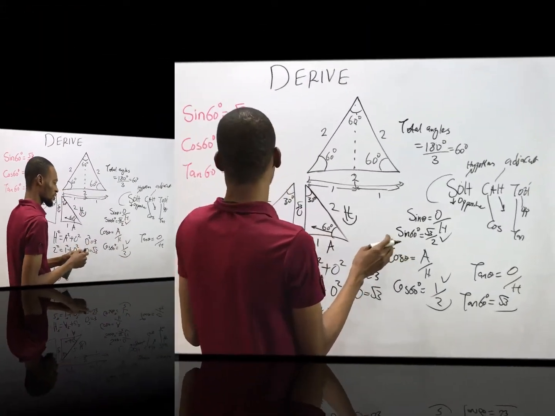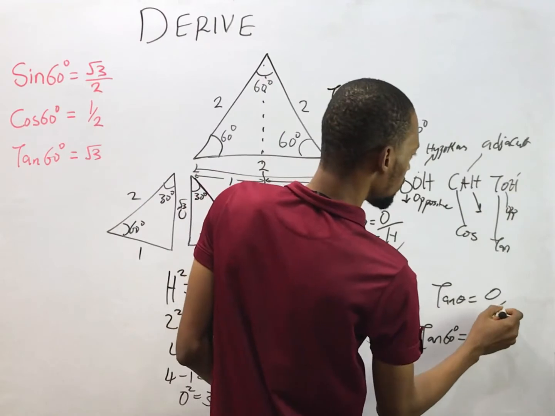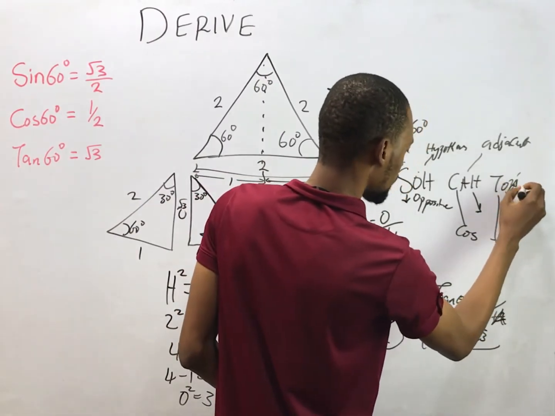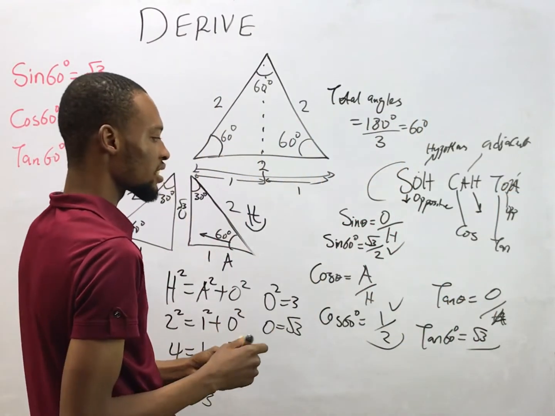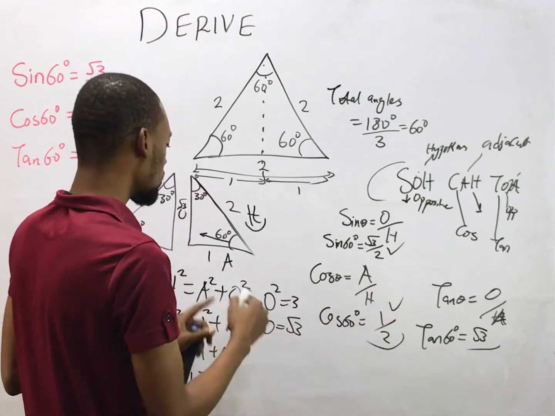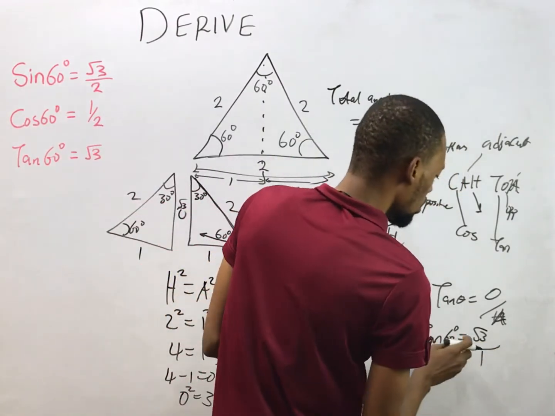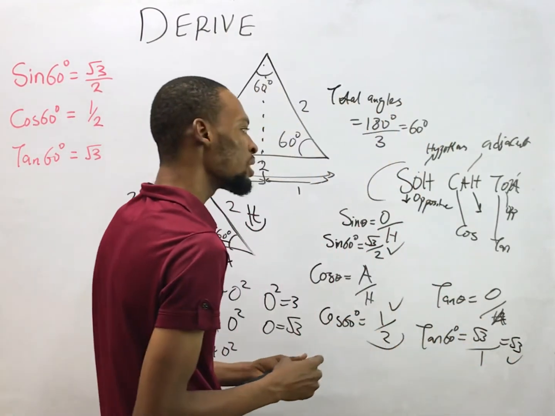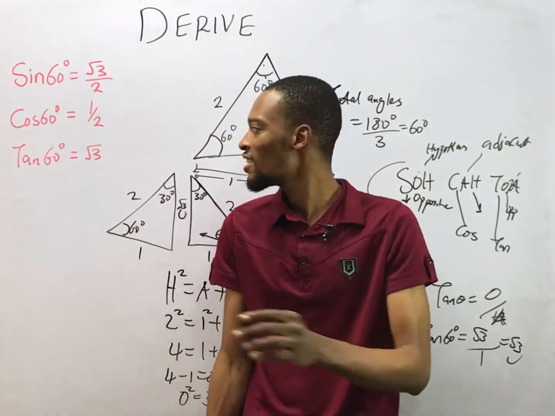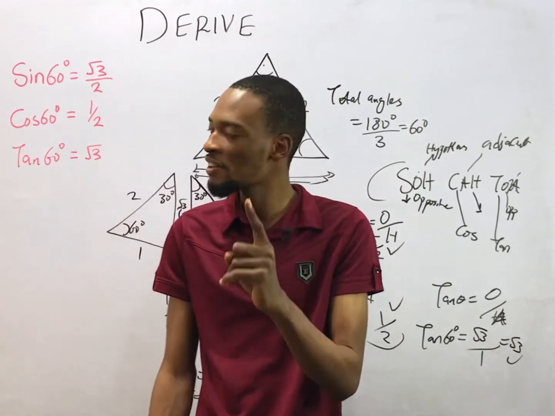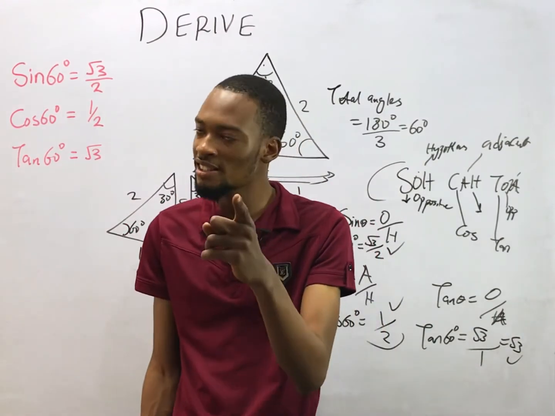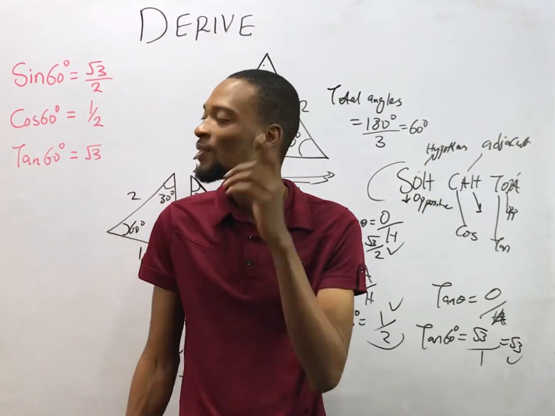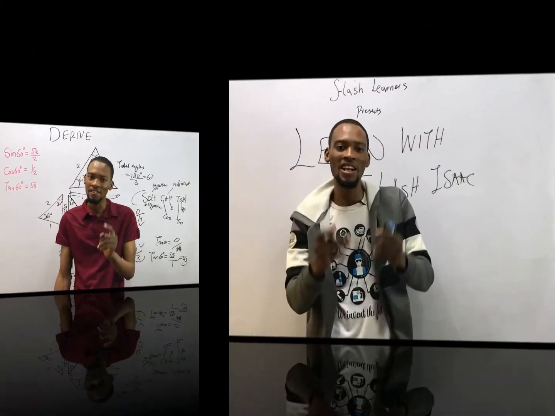Correct. Tan is TOA, opposite over adjacent. So adjacent is 1. Root 3 over 1 is root 3. Correct. So we've been able to prove or derive that sin 60 degrees is root 3 over 2, cos 60 degrees is 1 over 2, and tan 60 degrees is root 3.